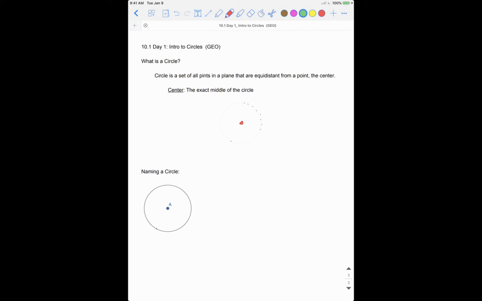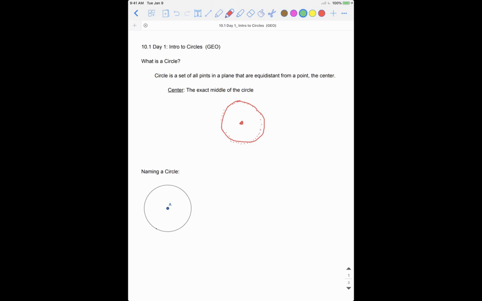Right, so they're all the same distance from that specific dot. So no matter what direction you're going out, it's not going to be perfect. Sorry. We get this circle shape. And if I could draw it perfectly, we get a nice perfect circle. But that is our definition of our circle, right? A set of all points that are equidistant from the point. And in this case, we call that middle exact center our center.